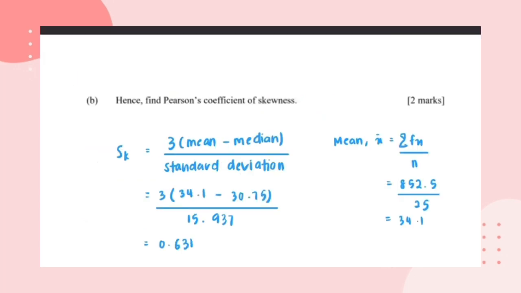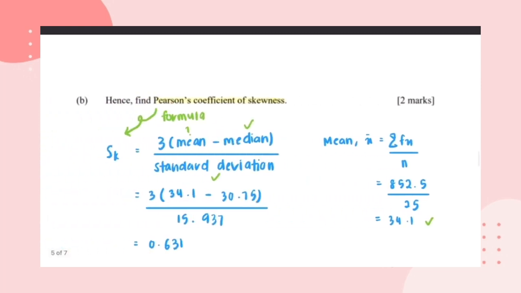And then we get the standard deviation is 50.937. Next for B, find Pearson's coefficient of skewness. For this question, we need to use the Pearson's coefficient of skewness formula. Sk equals 3 multiplied by mean minus median, over standard deviation. The median and standard deviation we already got in A, and now we only need to find the mean.